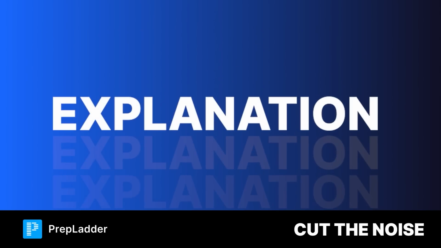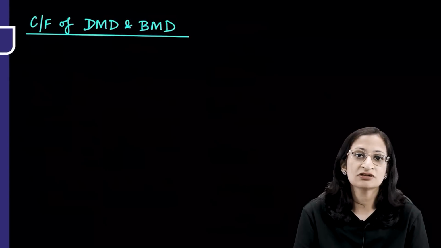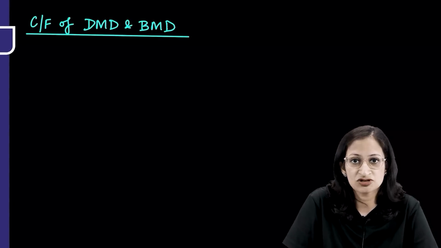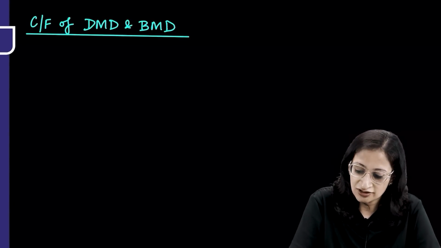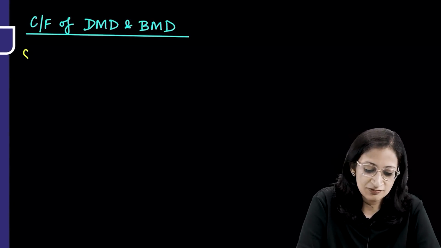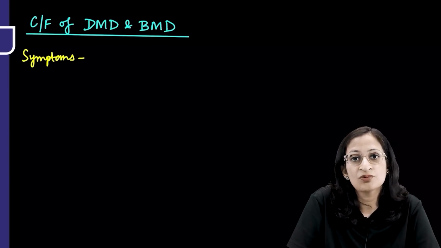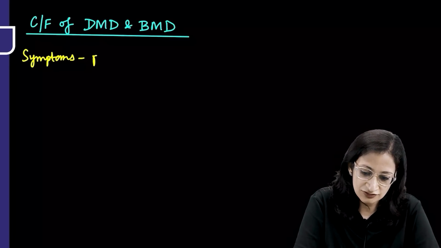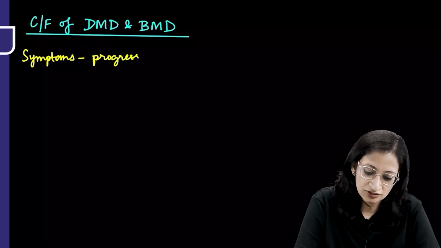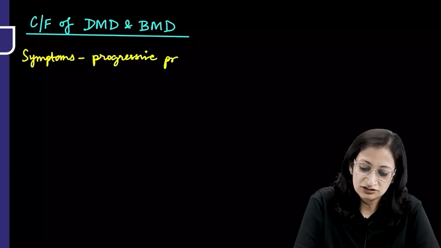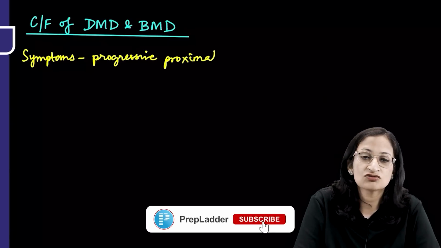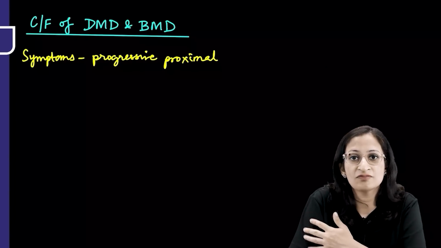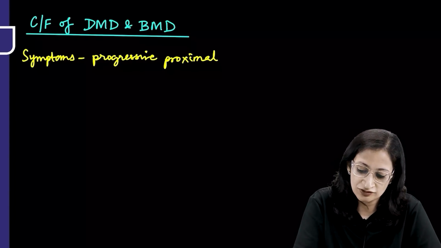Here's the explanation. Now moving ahead to some clinical features of Duchenne and Becker muscular dystrophy. Now these children are usually going to present with progressive proximal muscle weakness, weakness involving the thigh muscles, the arm muscles, so proximal muscle weakness of limbs.